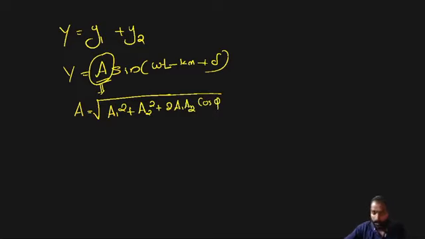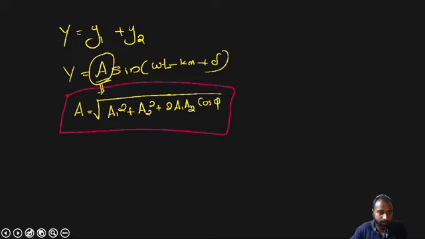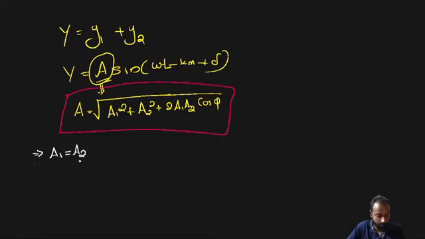This is the definition of this A: square root of a1 square plus a2 square plus 2 a1 a2 cos phi. I'm reducing this equation to a condition like a1 equal to a2, suppose a naught.